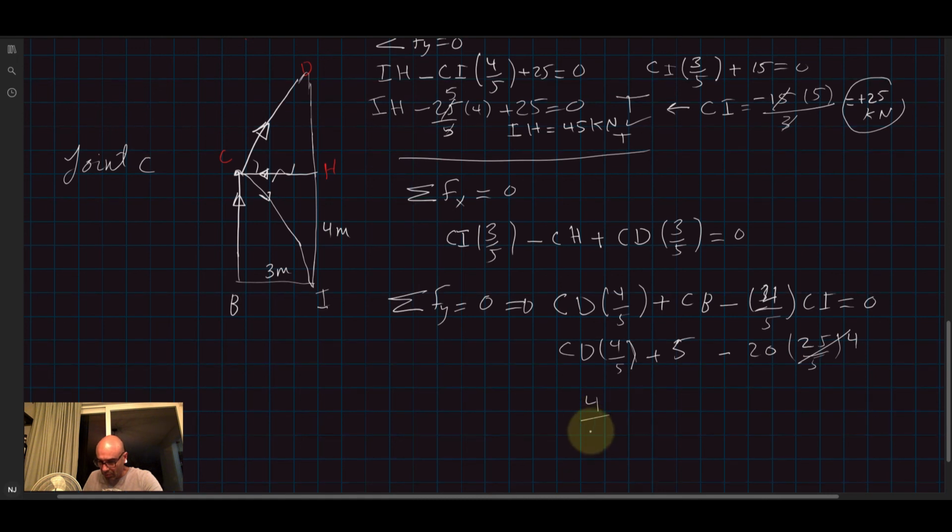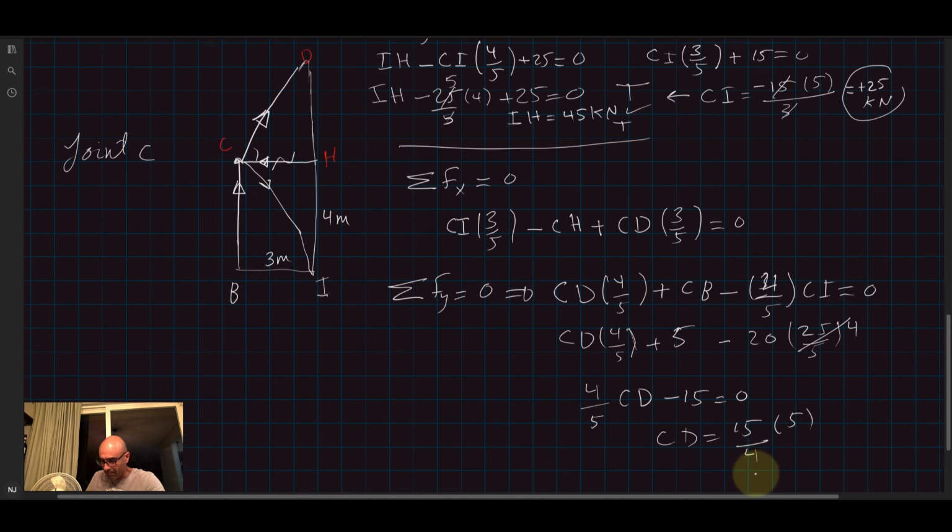So 4 over 5 CD plus 5 minus 20 minus 15 is equal to 0. So CD is equal to 15 times 5 divided by 4.